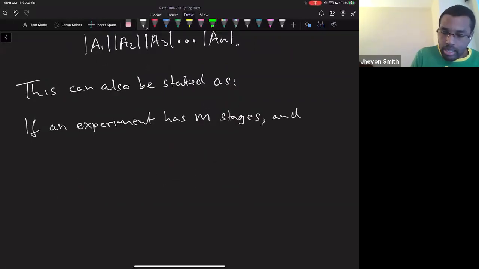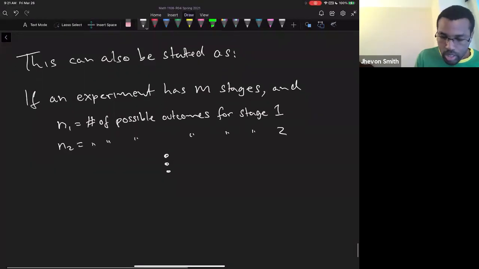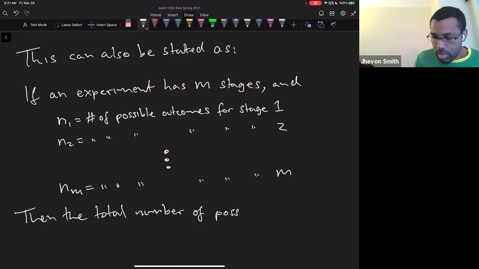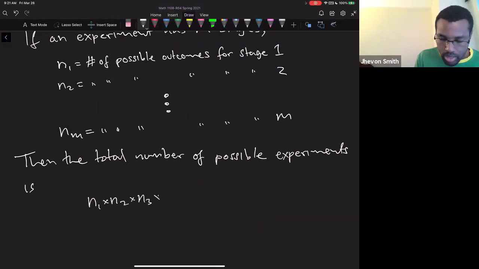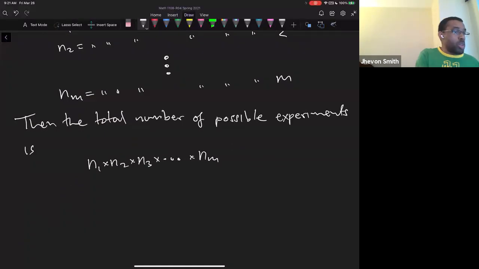As m stages, and you know that n1 is the number of possible outcomes for stage 1, n2 is the number of possible outcomes for stage 2, and so on, nm is the number of possible outcomes for stage m, then the total number of possible experiments is n1 times n2 times n3 times ... n sub m. So that's called the multiplication rule.